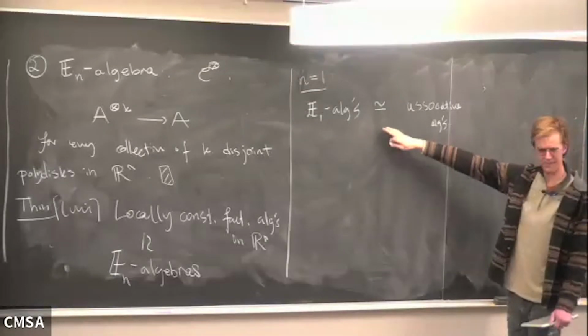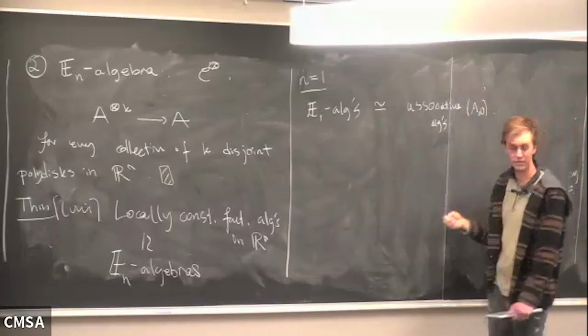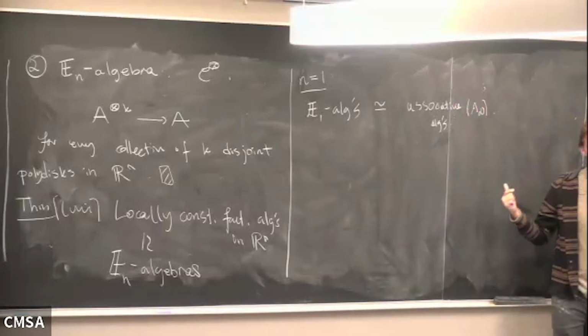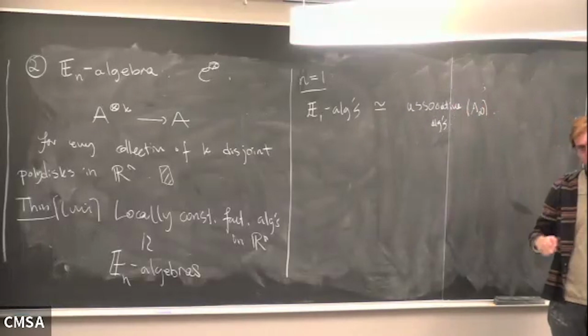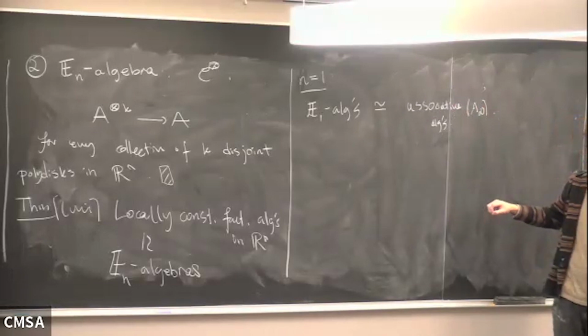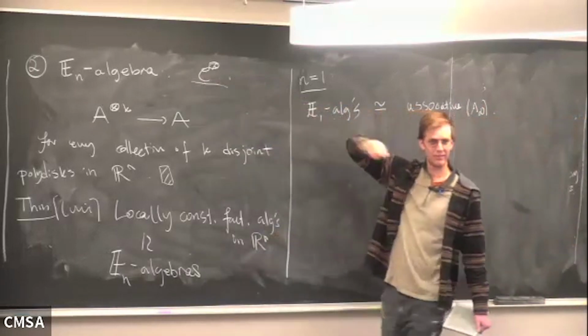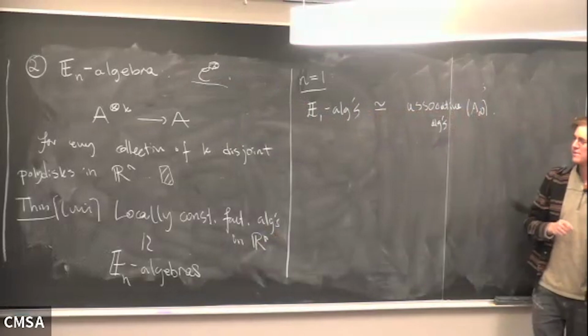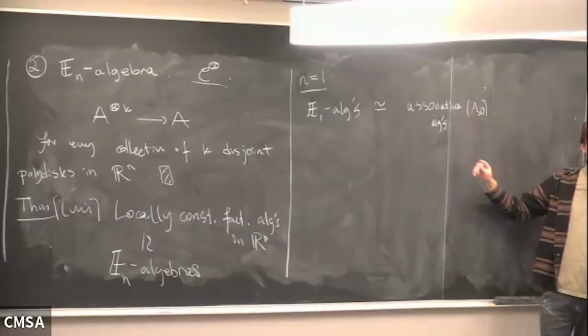And really in this infinity-categorical setting, I should probably say the word A-infinity here, or DG associative algebras. They're all inside of here. It's totally fine for now to just think about associative algebras.